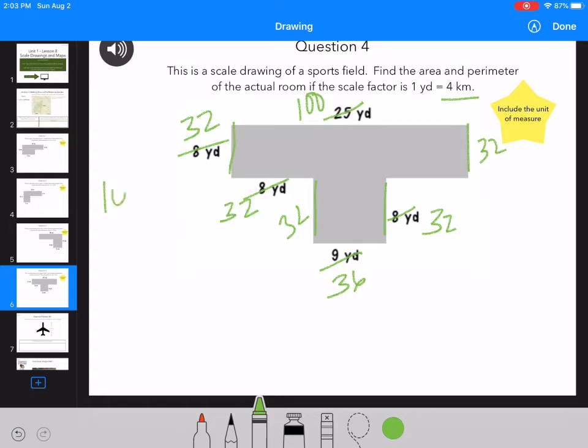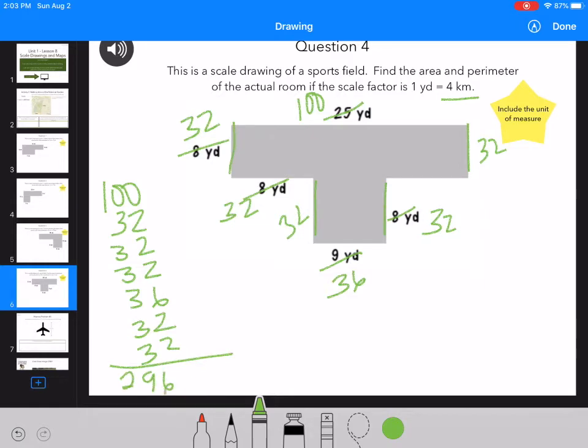So I have 100 and then 32, 36, 32, 32. I get 296, and it's going to be yards, and it's not squared because I'm not finding area yet.